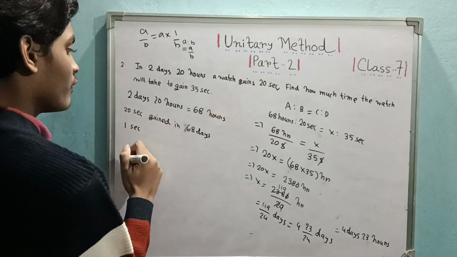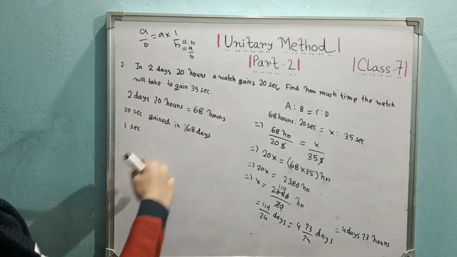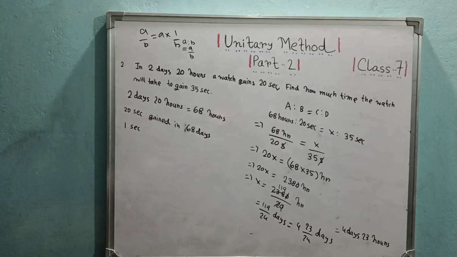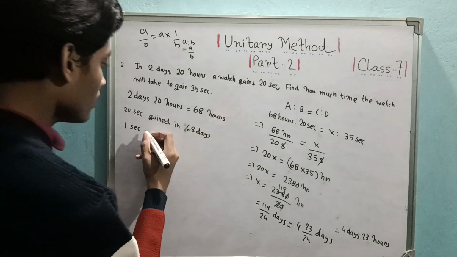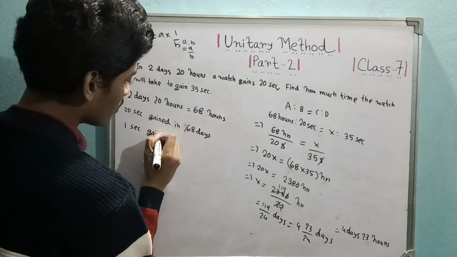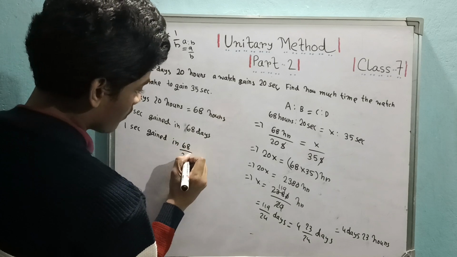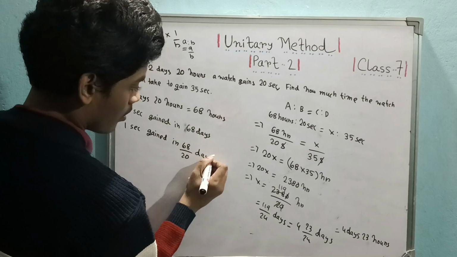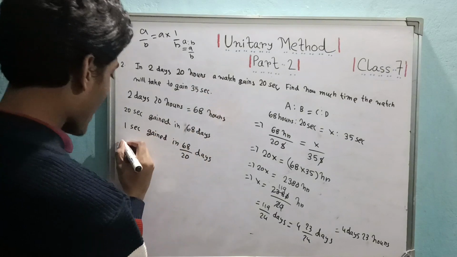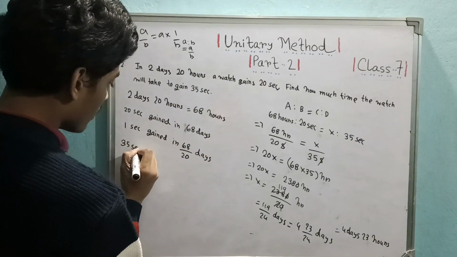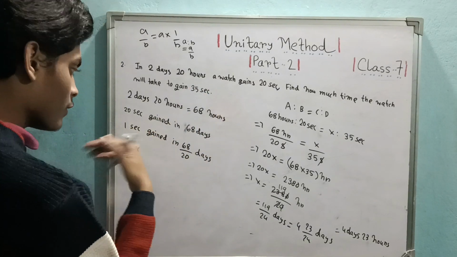From 1 second, to gain less time, we will require less time period. So it is less, we are dividing: 1 second gained in 68 by 20 hours. Then 35 seconds. Now to gain more time, 1 second is less than 35, so 35 is more than 1.